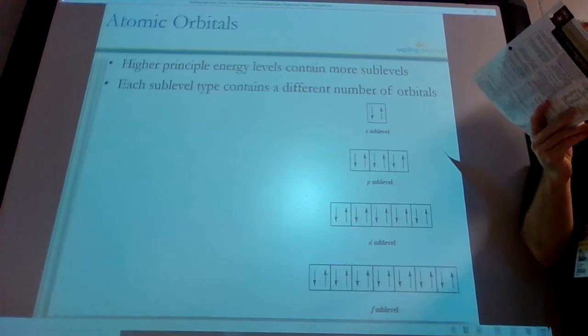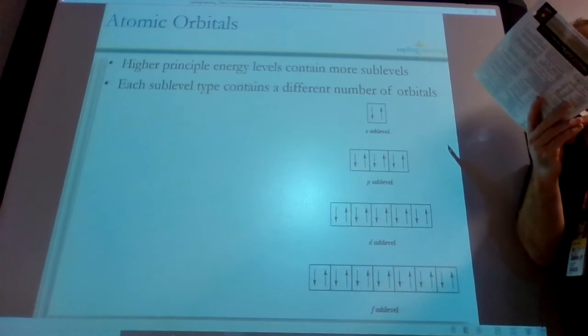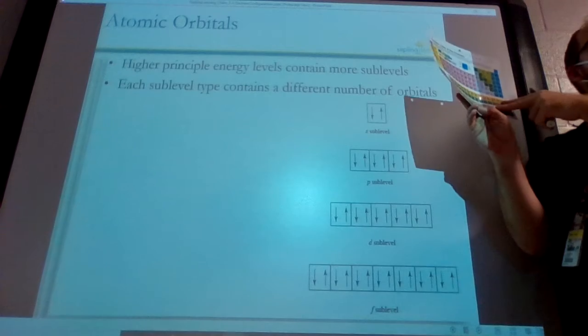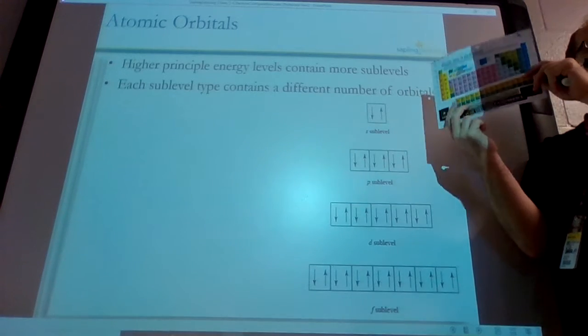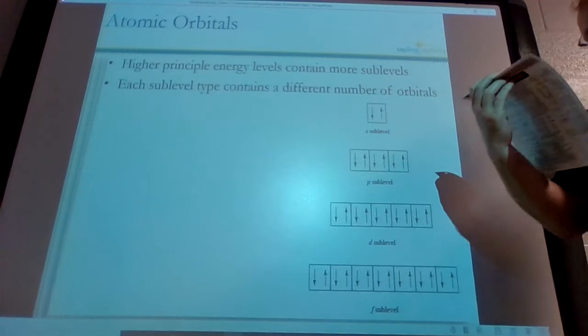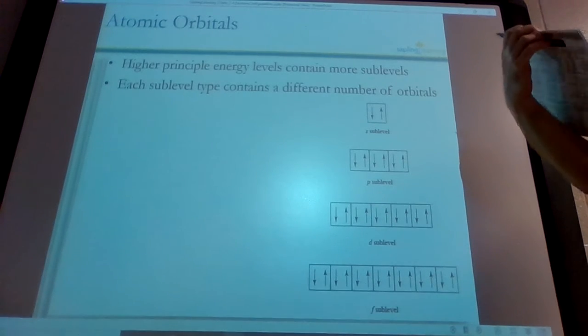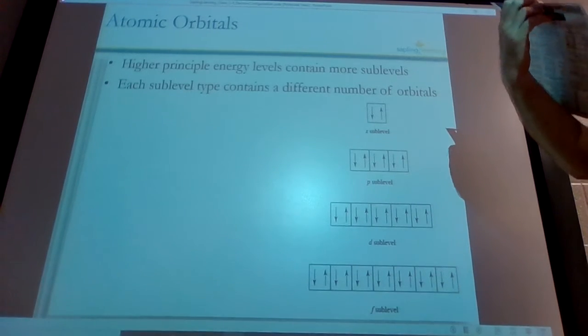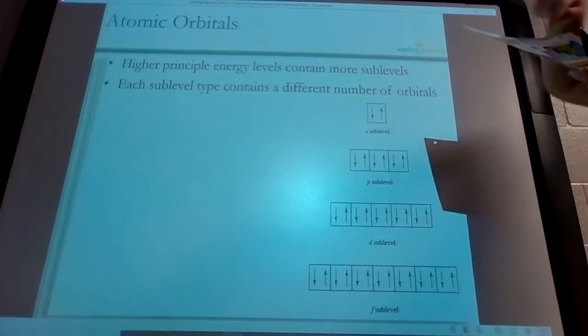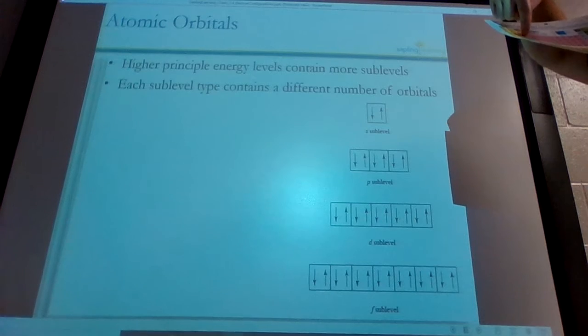Let me count this. 1, 2, 3, 4, 5, 6, 7, 8, 9, 10, 11, 12, 13, 14, 15. You'll notice down here, this 2-row thing has 15 in it. It's actually going to be 14 because I don't know if it's the first ones or the last ones. I think it's the last one. The last 2, Lu and Lr, they actually belong up here in the D block with the pink ones.